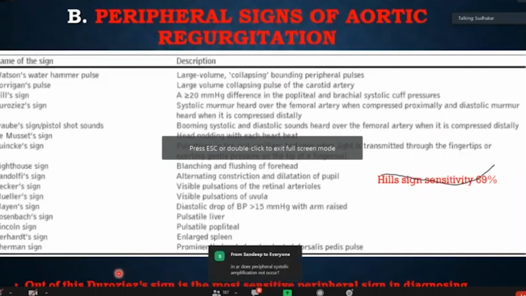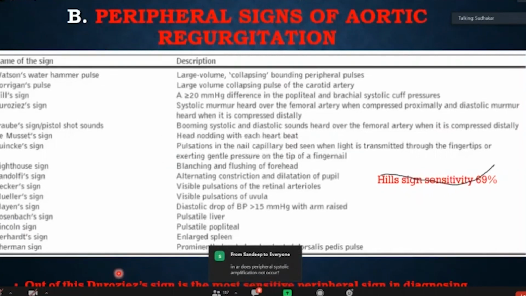Now, why is it a diastolic murmur? Because you are compressing it distally, so there is a runoff in the proximal part. That is why you are getting a diastolic murmur. Out of all peripheral signs, Duroziez sign has the maximum sensitivity: a sensitivity of 90% and specificity of 100%. However, Hill's sign has a sensitivity of only 69%.